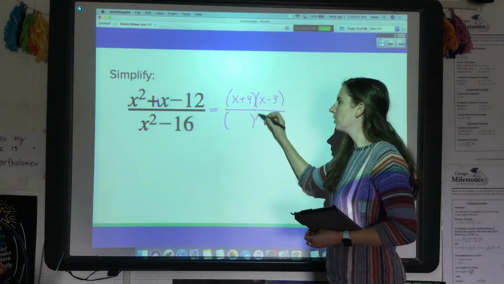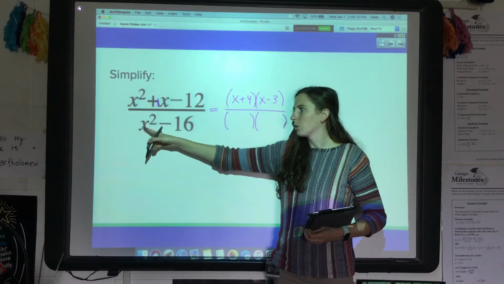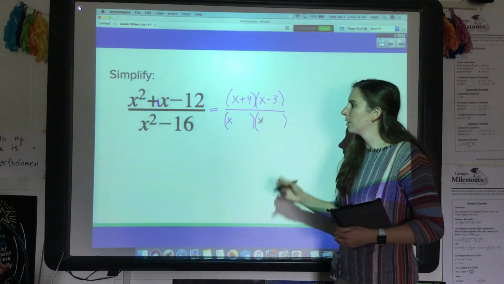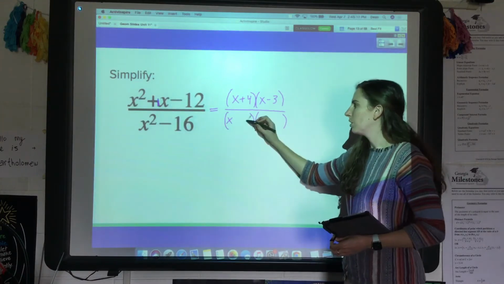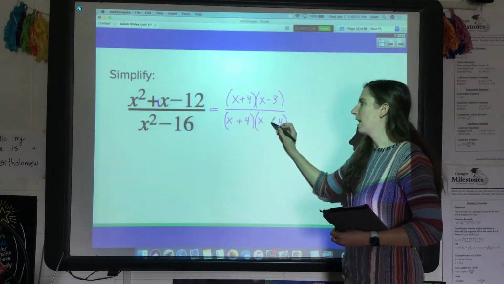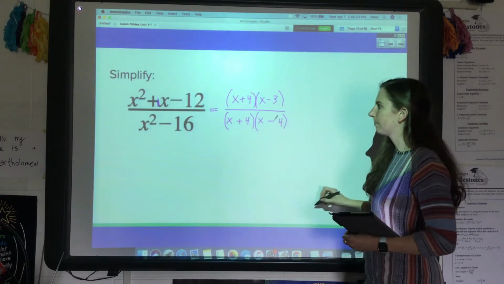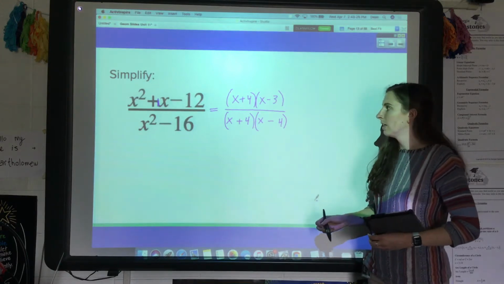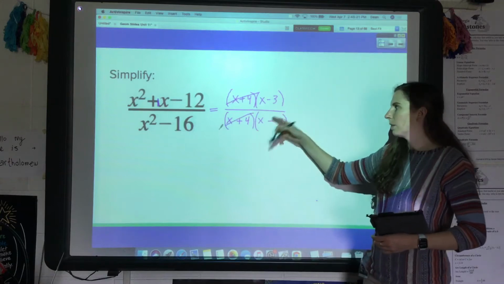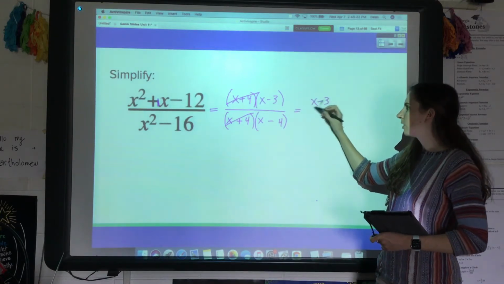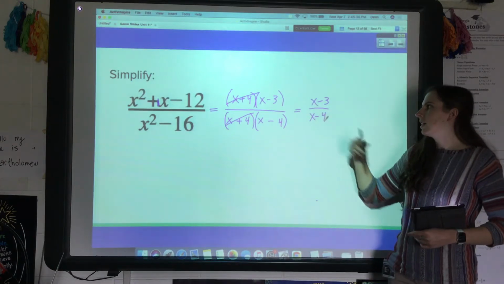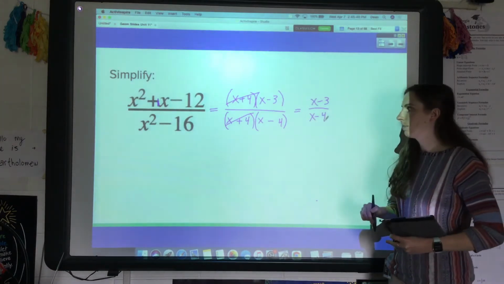So the way we factor this one is whatever the square root of x squared is, which is x, goes in the front of both. We square root 16, which is 4, that goes in the back of both. And then you make one plus and make one minus. You'll now notice that I can cancel out the x plus 4's. And I'm left with just this, x minus 3 over x minus 4. Again, I can't cancel the x's, so I'm just done. That's all I can do.